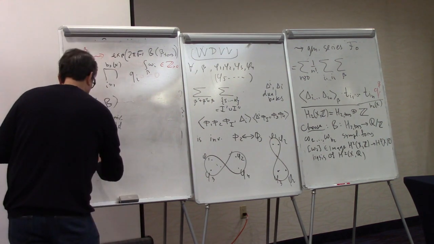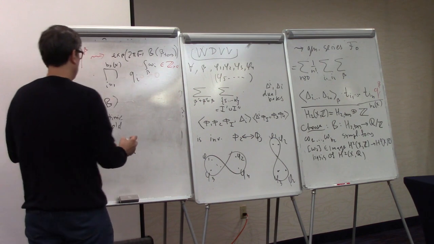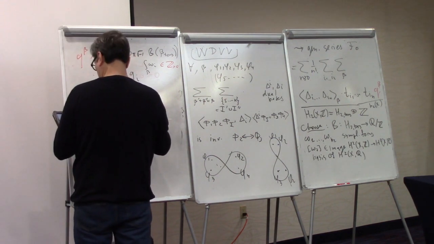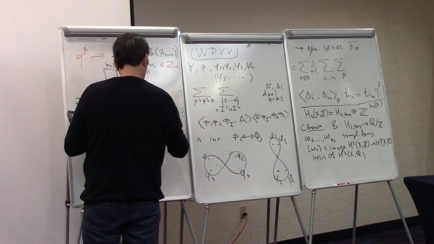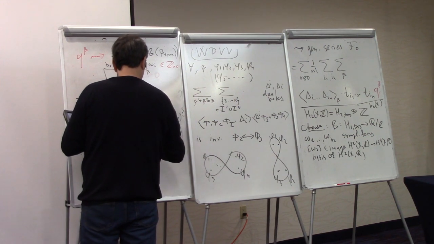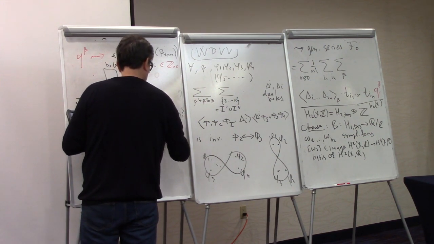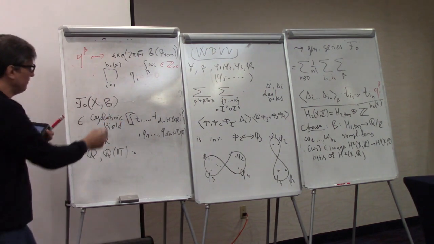It could be q or q root of 1. And it will be a series in variables t1 up to the total dimension of the cohomology of X with rational coefficients, and also variables q, which go up to the dimension of the second cohomology with rational coefficients. So you see the second cohomology appears kind of twice.